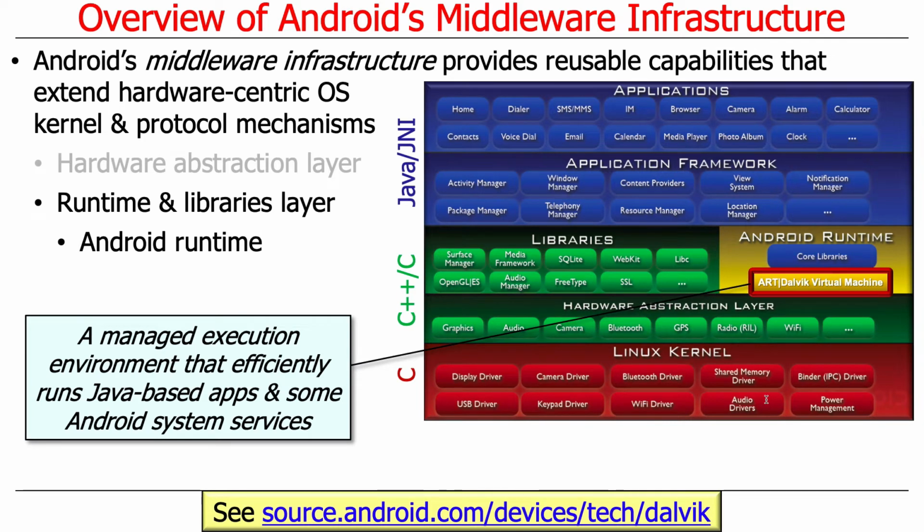On the one hand, we have something that I like to call the managed execution environment, which originally was something called Dalvik, which was a virtual machine in the spirit, although not the style, of classic Java interpreters with Java bytecode. It's a variant of that that has its own bytecode and its own architecture, but it's in that same vein of a virtual machine.